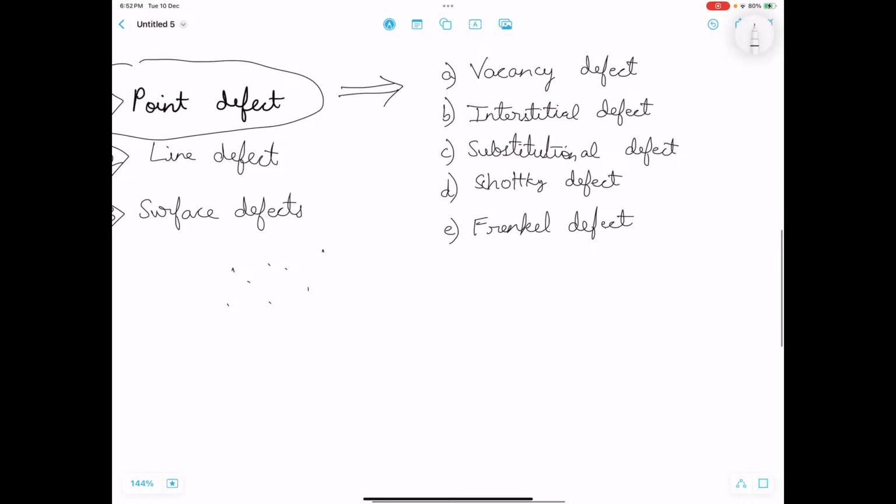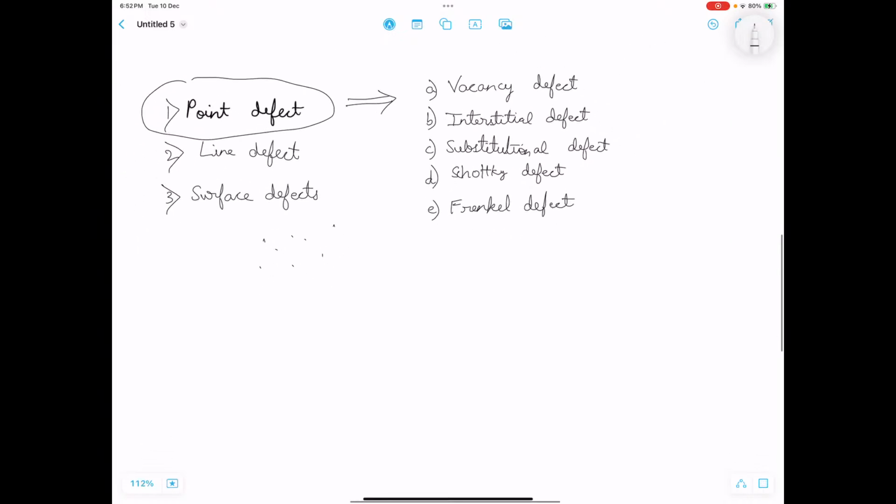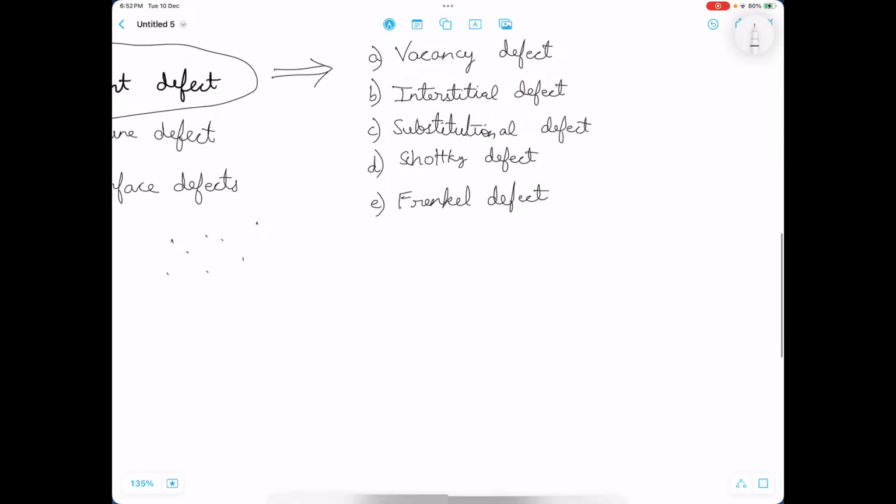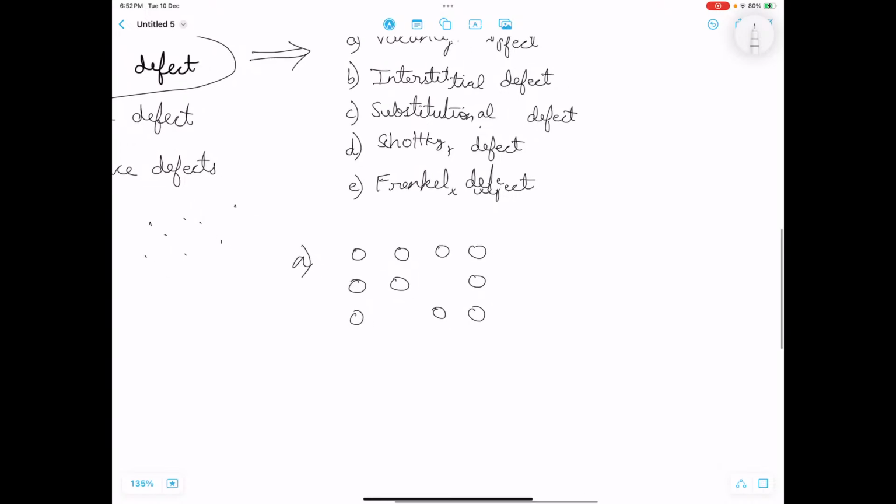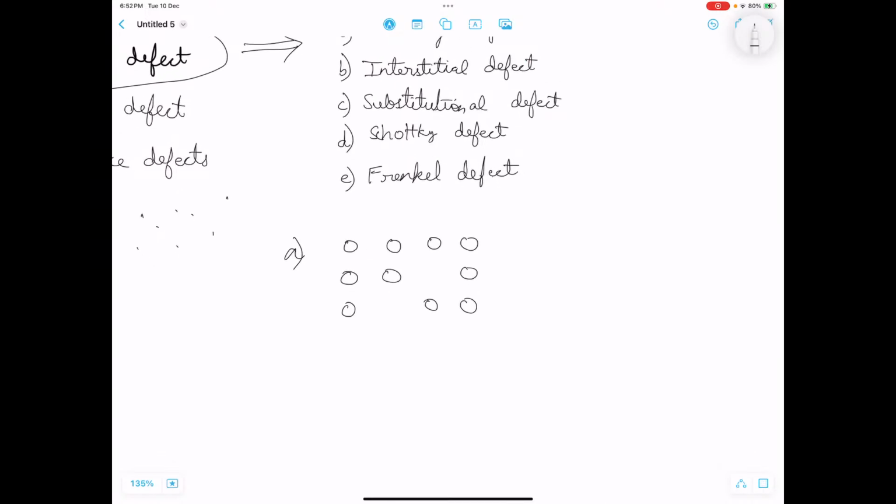So you can understand, let's consider vacancy. If these are the atoms, suddenly there will be an atom missing, or more than one atom missing. That will be called a vacancy defect.